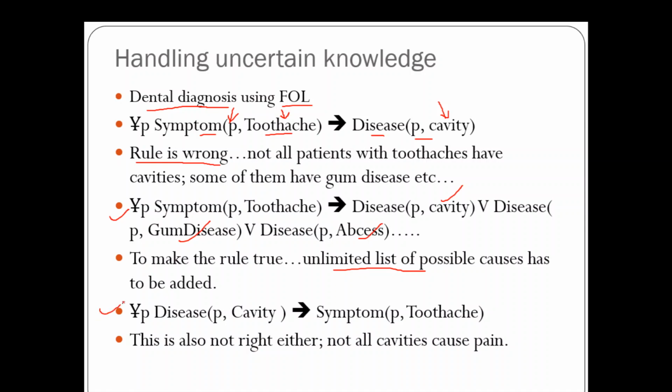So here is another rule which is of this form. For all p, disease of p comma cavity implies symptom of p comma toothache. This type of rule is called a causal rule, a cause and effect.